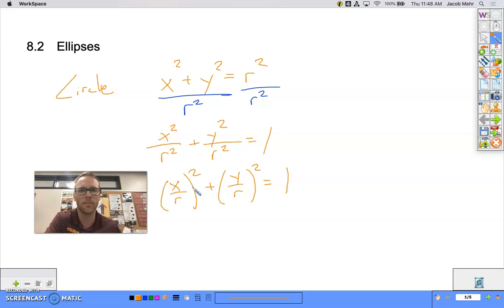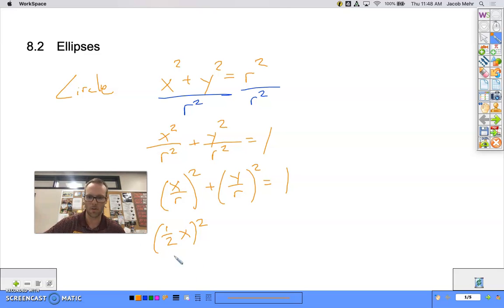If we're dividing by r, which is the same as multiplying by 1 over r, inside with the x, that is going to do a stretch. We are going to stretch this out by r. Just think, if I had a 1/2 in here, you guys would tell me that's going to horizontally stretch the graph by 2.